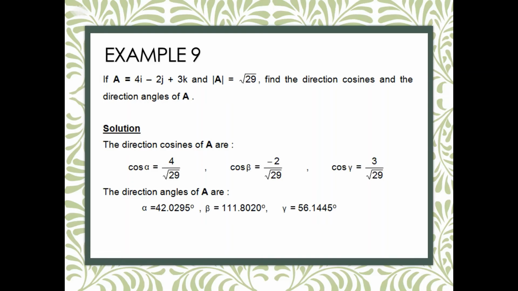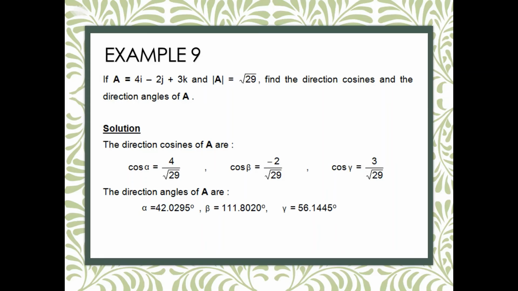The direction cosines of vector A are cos alpha equal to 4 over square root 29, cos beta equal to negative 2 over square root 29, and cos gamma equal to 3 over square root 29.